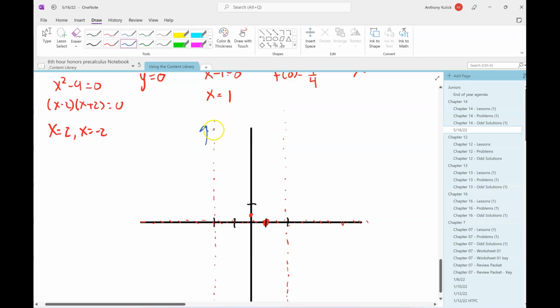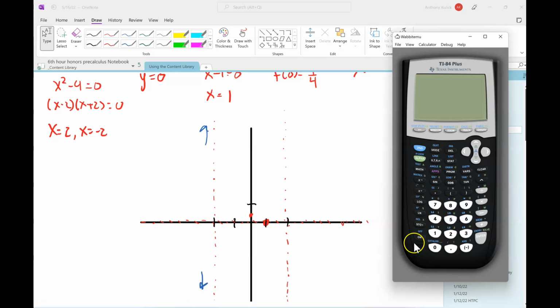So what I need to do now is figure out what's happening at these asymptotes. For example, on the left-hand side of this vertical asymptote, should my graph be going up or down? Everybody's cool with that? To do that, we're going to plug in some values into our function and see whether things are getting bigger or smaller as we get closer to that asymptote. Grace? Sure.